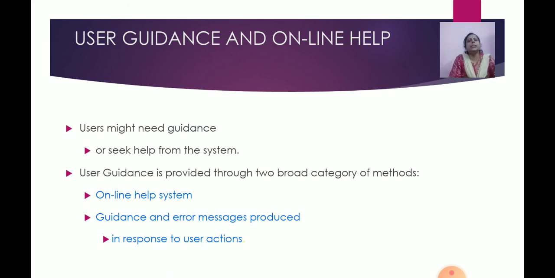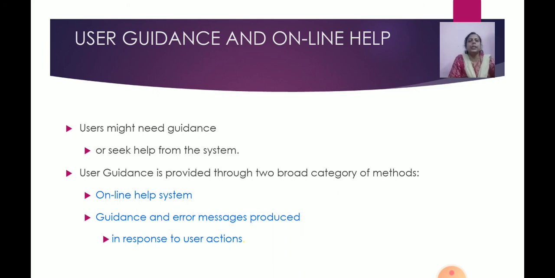Then the next is user guidance and online help. The user might need guidance or seek help from the system. Means a good user interface always provides help or guidance to the user.